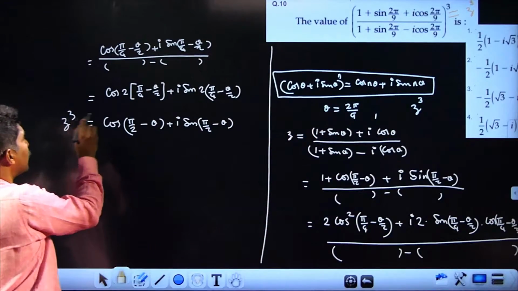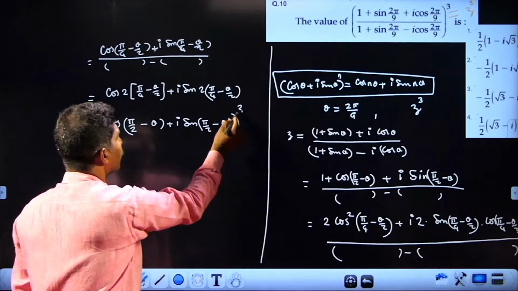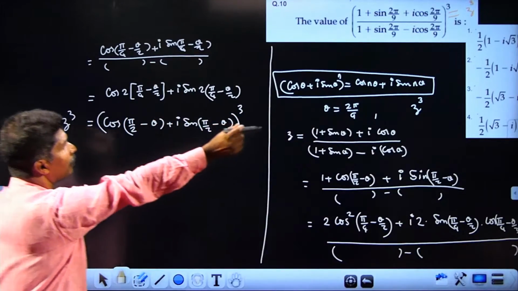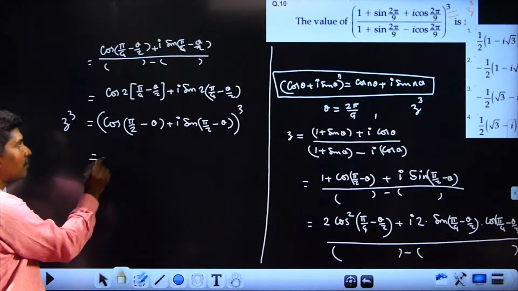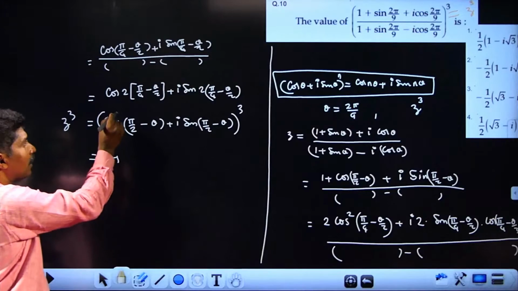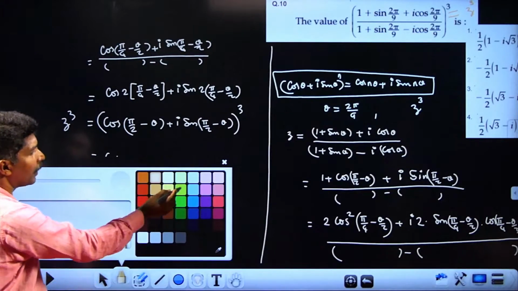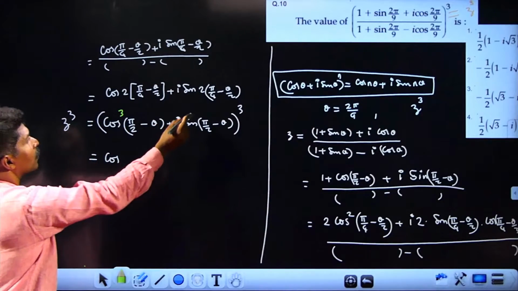Now z cube is equal to its cube, and again we will apply de Moivre's theorem. What is the next step? You are going to multiply by 3 here and 3 also here.